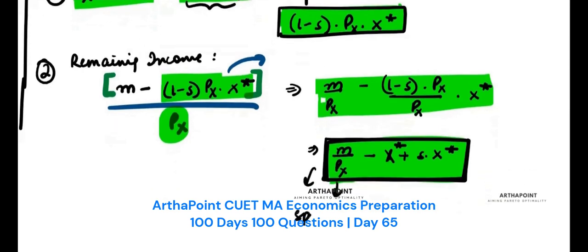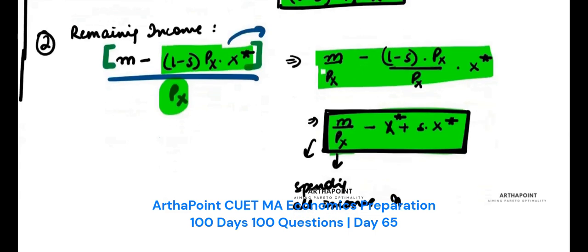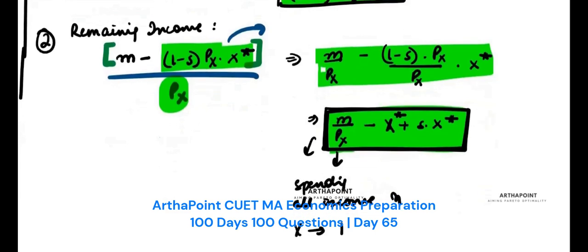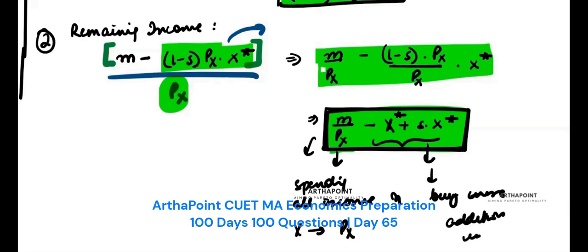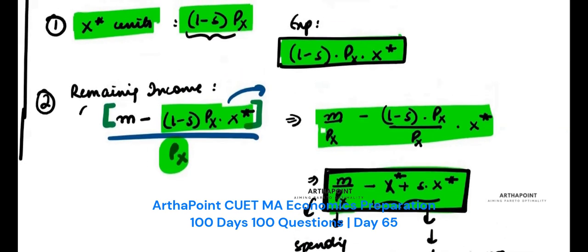This is spending all income on X if the price is PX. And this is going ahead and saying that you are able to go ahead and buy these additional units. So this is the remaining income being spent and consumed.